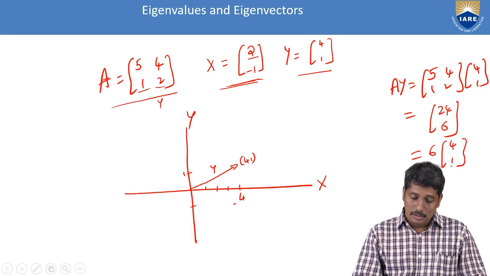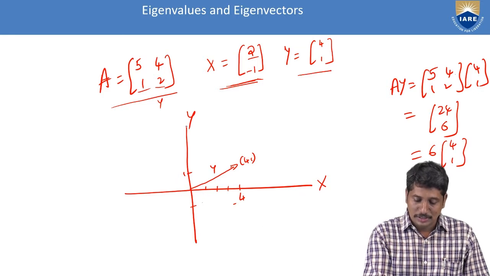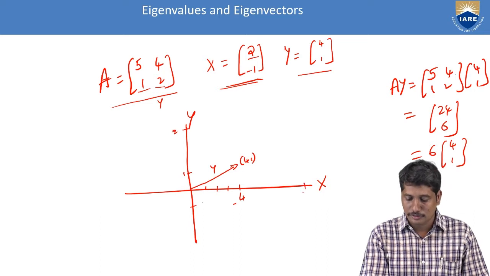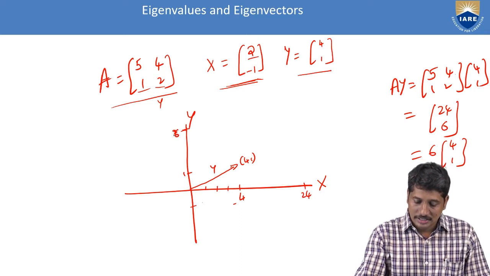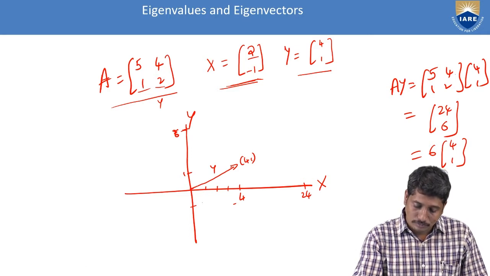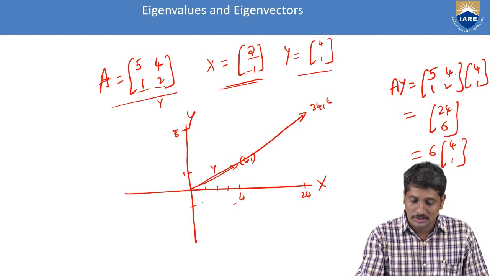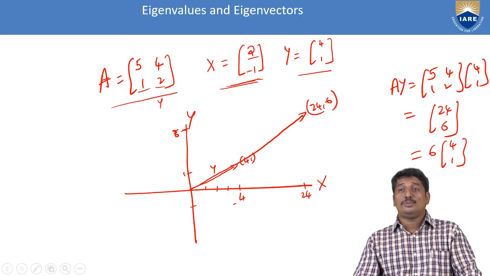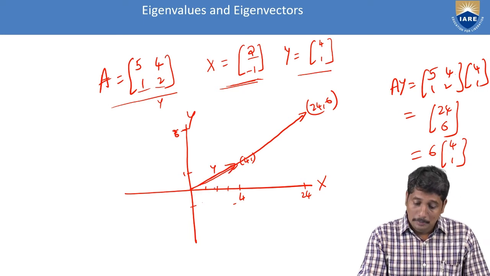If you project this, here you can find 24, and here you will find 6, and hence the resultant vector will be 24, 6. Here what do you observe? The original vector is 4, 1, and the resultant vector is 24, 6.